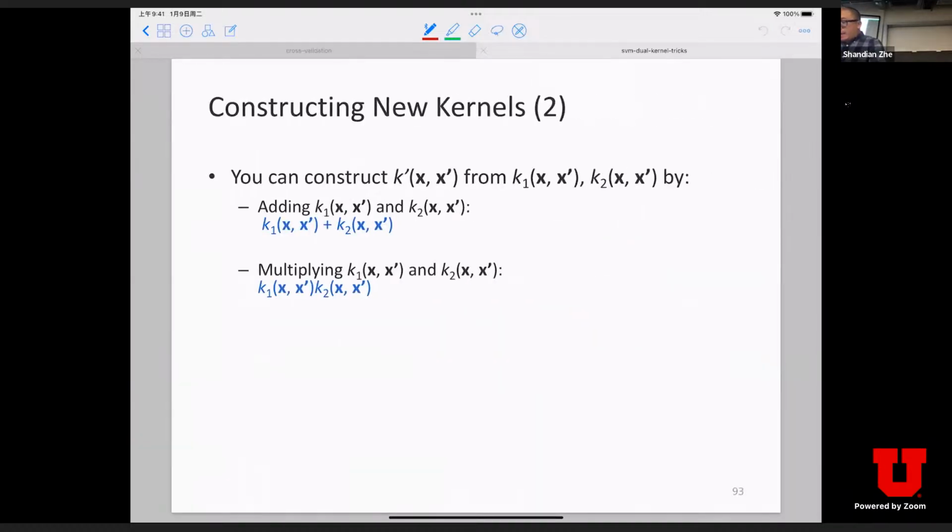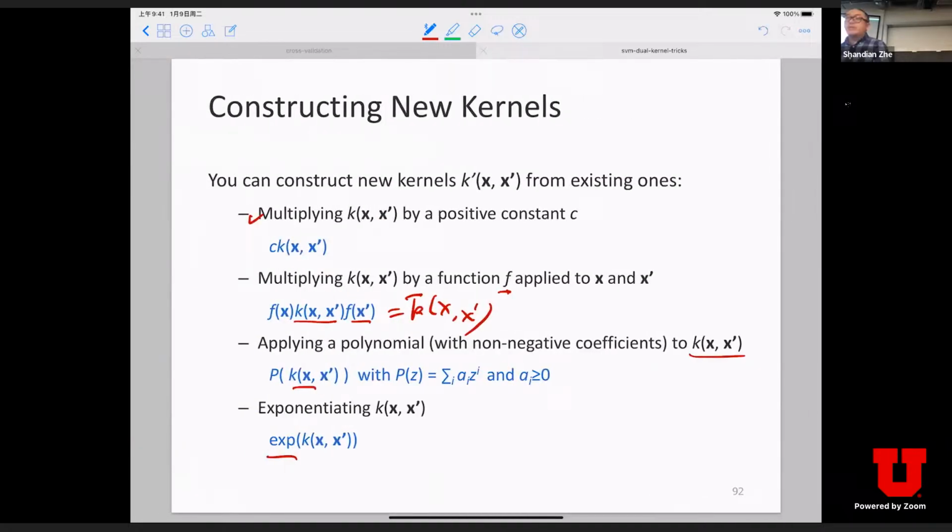You can also construct a kernel from multiple kernel functions. If you simply add two kernel functions together or multiply them together, it will give you a new kernel. So we have several simple rules, but if you combine them together, they give you a super complicated kernel built upon existing kernels.